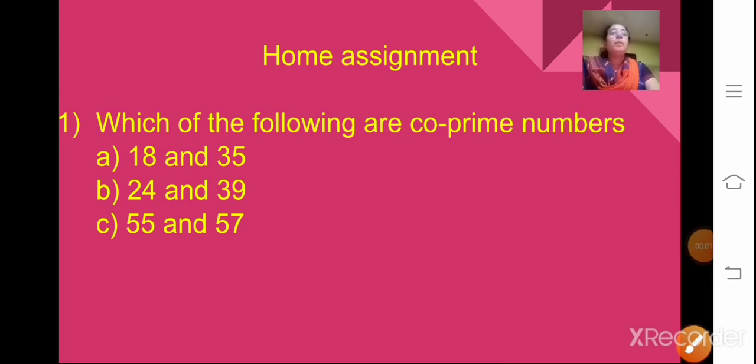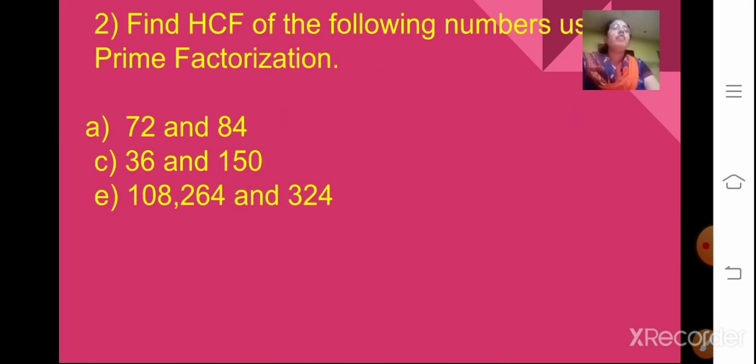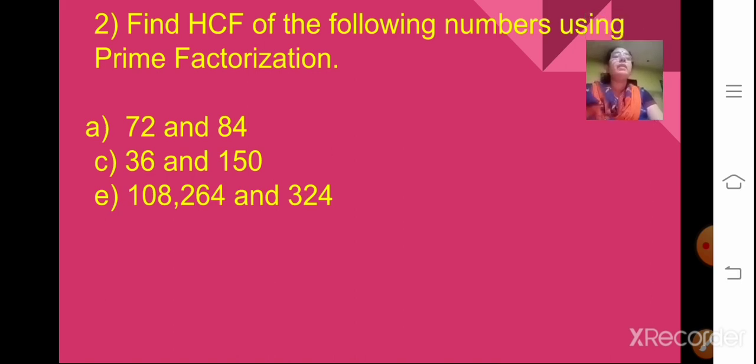Okay, now based on the topics done today, some home assignment for you. The first question is, which of the following are co-prime numbers? Out of these three numbers, you have to find out which are co-prime numbers. The second question is, you have to find the HCF of the following numbers using the prime factorization method.